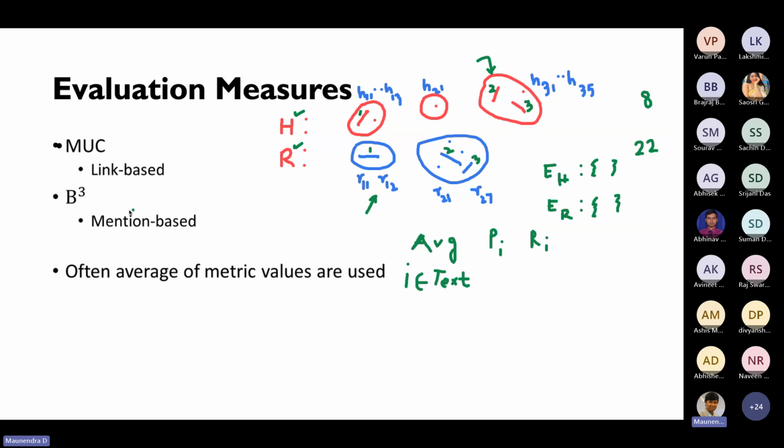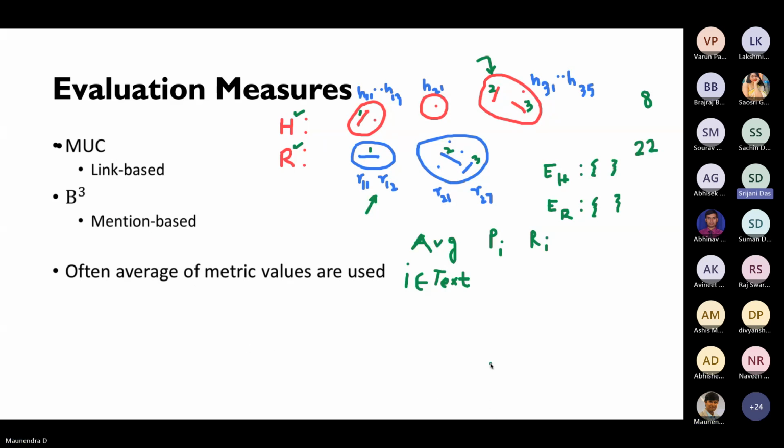So that will be B3. So we talked about two measures. The first one is MUC, which is link based. The second one is mention based. Both finally boil down to computing precision and recall, and then the F measure is used. And there are other composite measures which take the average of MUC and B3. Okay, any queries?